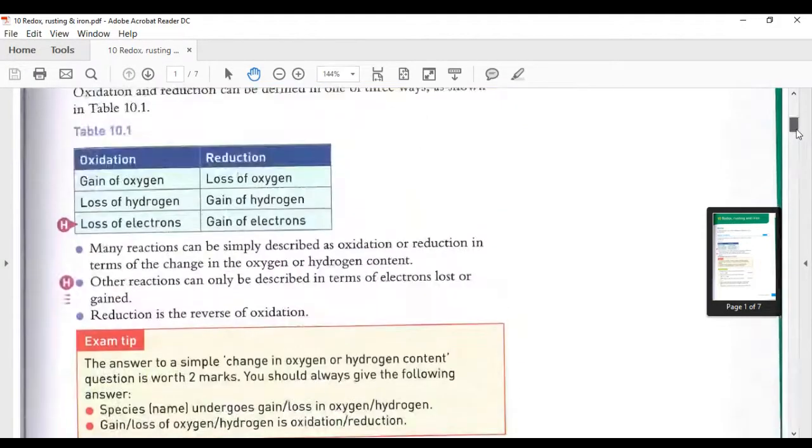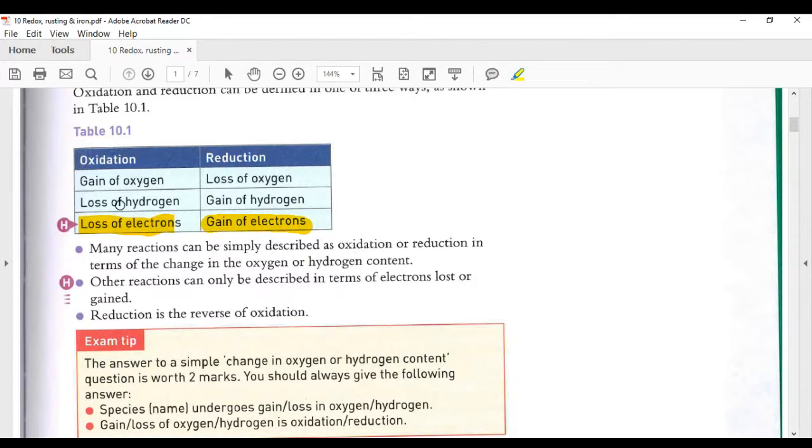Okay, so if we go back up here, we'll see that oxidation is the loss of electrons and reduction is the gain of electrons. Now I should say that that is actually the most fundamental definition, right? It's always true. You will see as we look at, say, metal displacement reactions, that even though they are redox processes, there's no oxygen being lost or gained, or no hydrogen being lost or gained. So you have to talk about it in terms of electrons.